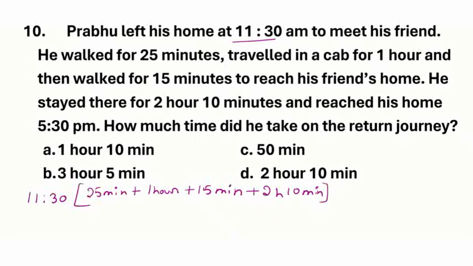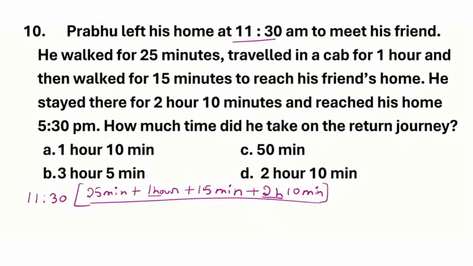So what we are going to do? Firstly, add all this time he took to go to his friend's home and the time he stayed there. So first let me add this for you. 2 hours plus 1 hour makes 3 hours. Keep the 3 hours aside.